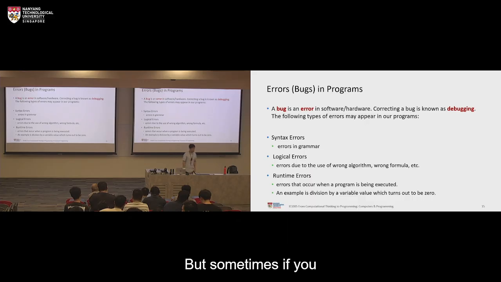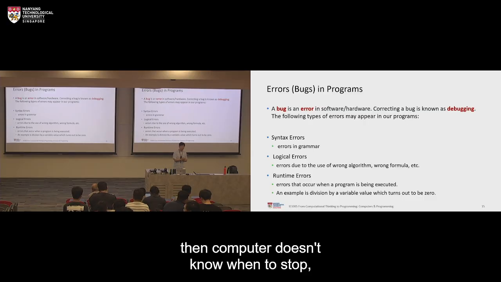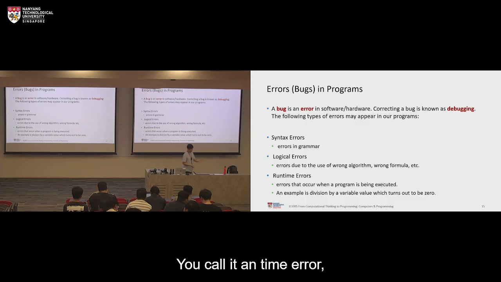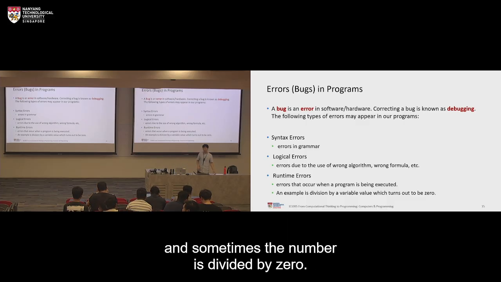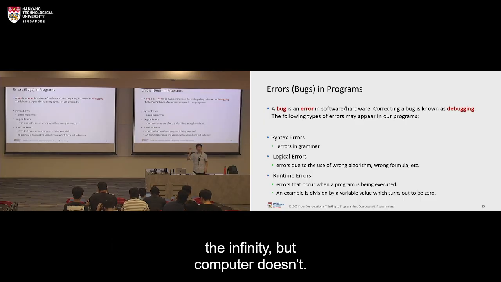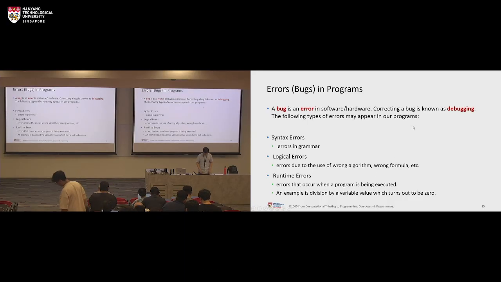But sometimes, if you set up the loop incorrectly, the computer doesn't know when to stop. It will run for infinite time. We call this a runtime error. And sometimes a number is divided by 0. You know the concept of infinity, but the computer doesn't. So once a number is divided by 0, it becomes a runtime error. So remember, there are 3 types of errors.